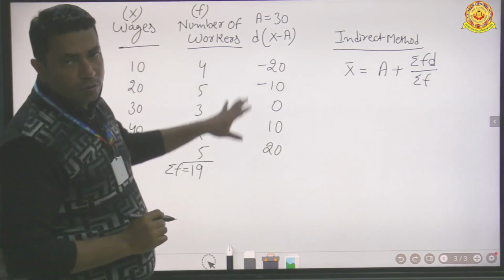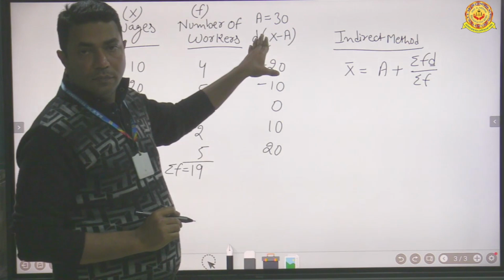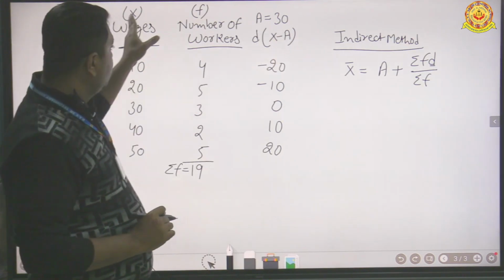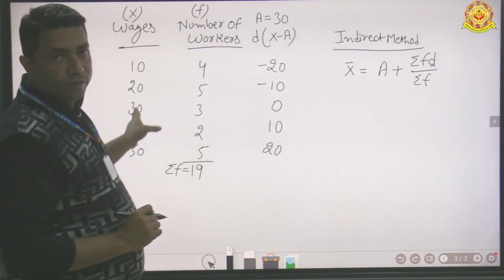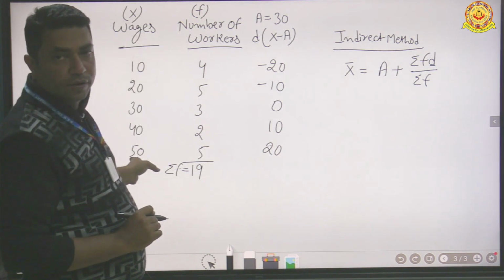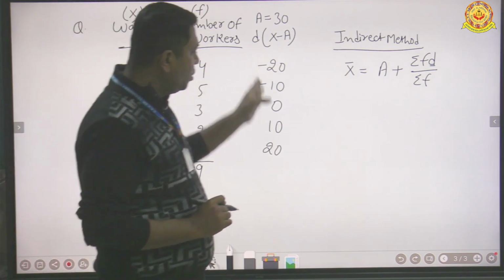So we have calculated the deviation, x minus a. We have deducted the assumed value from these wages. So we got these values.